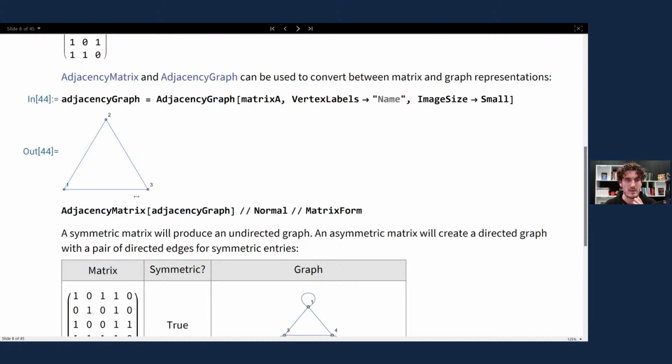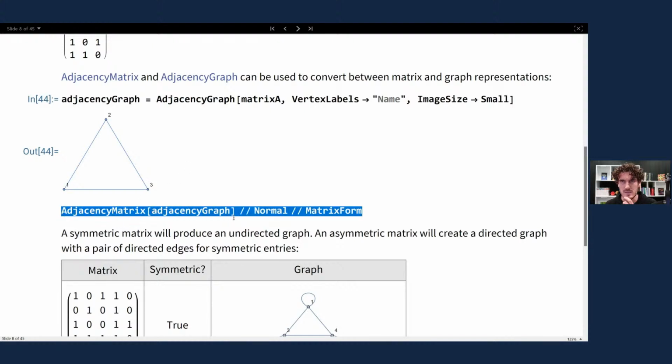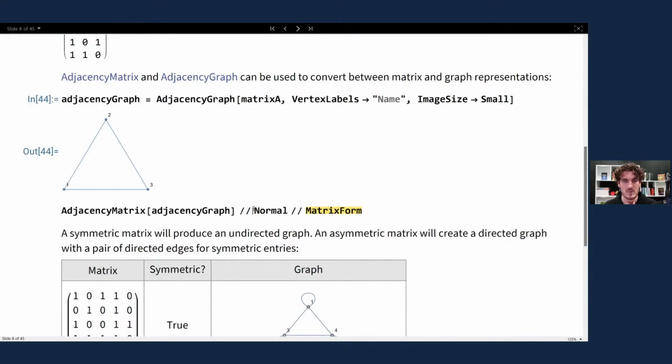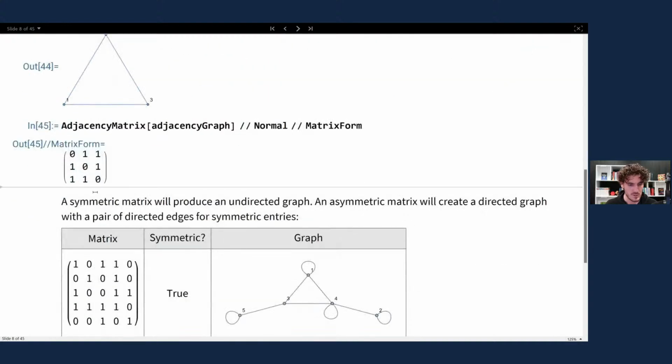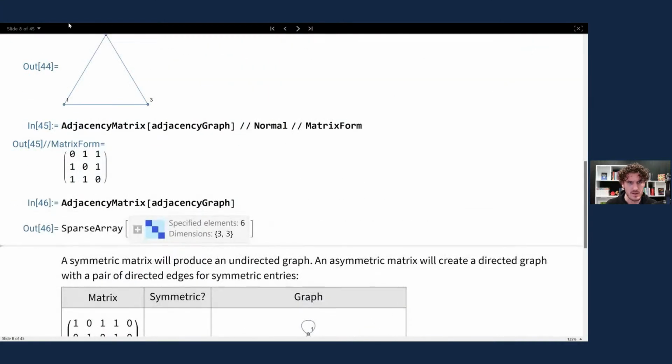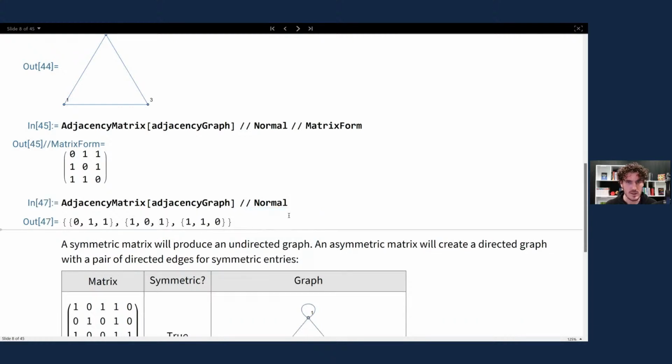So we have the graph, and now we're going to do the adjacency matrix of this adjacency graph. Then we also have to apply Normal to it, because this actually returns what's called a sparse array. Normal, using postfix function application, converts it to a list of lists.